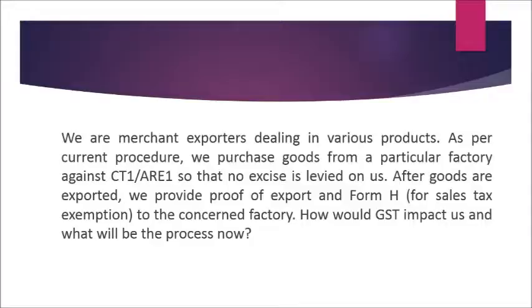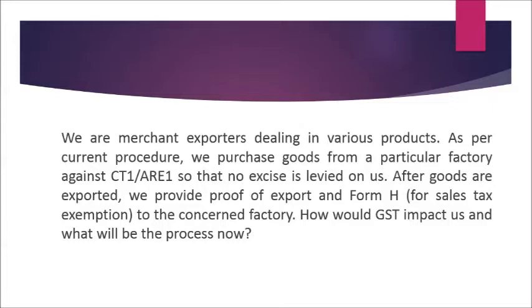So the first and foremost question people ask me regarding the merchant exporter is this, and it is also a question in the FAQ section of the CBIC department. So what is the question? As you can see on your screen, the question is: we are merchant exporters dealing in various products.